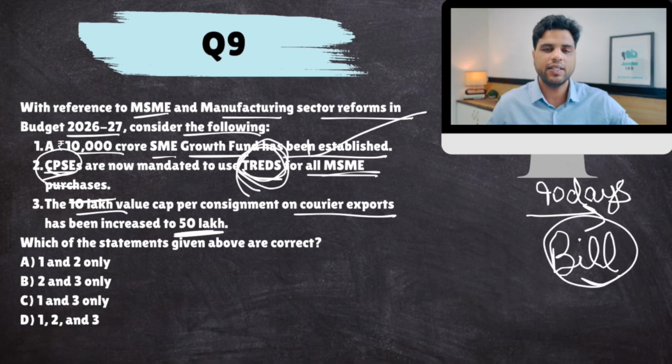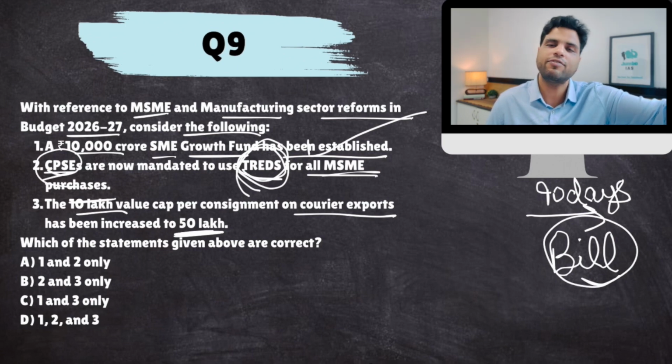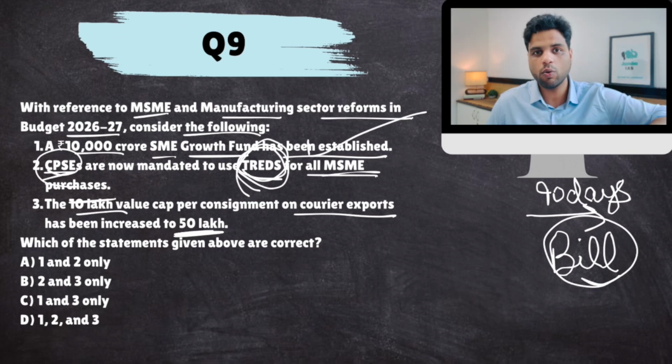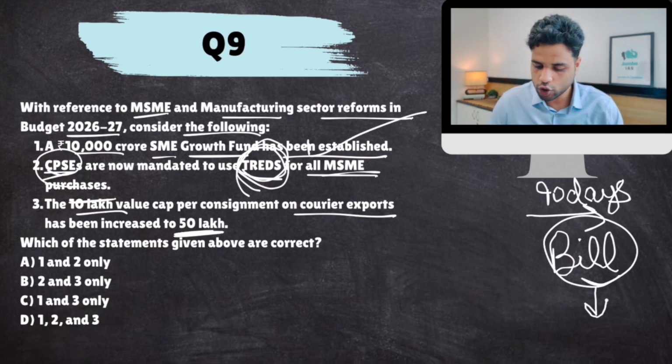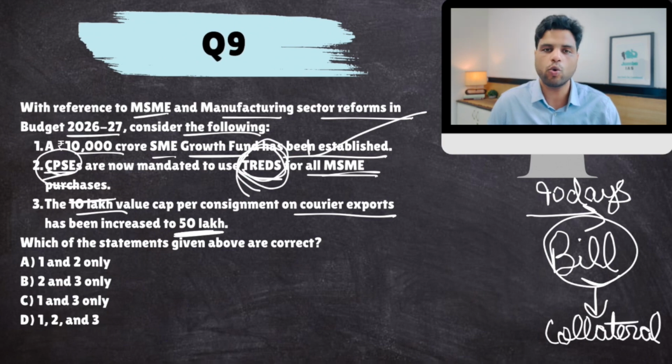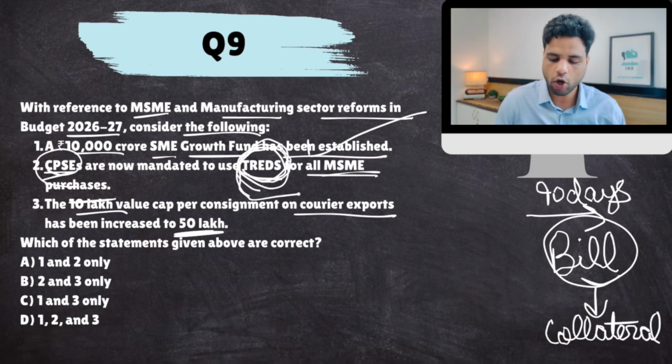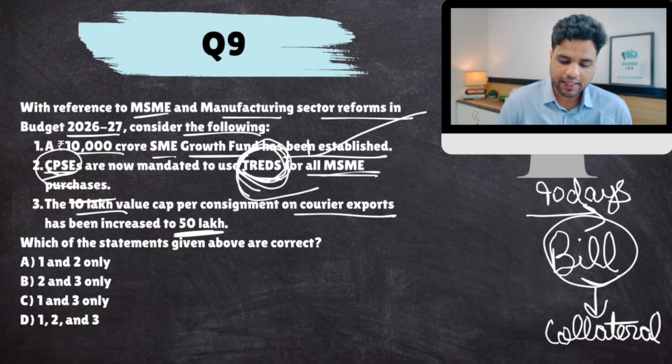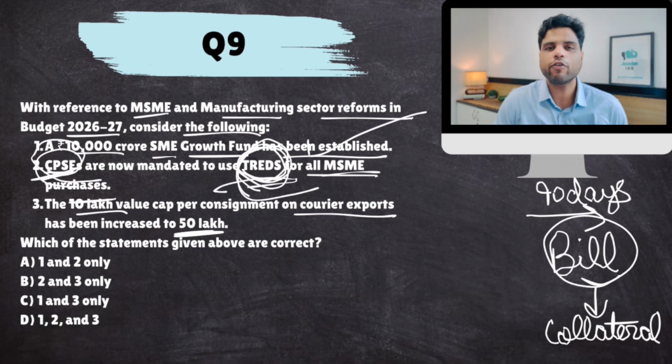MSMEs sold something on the bill, and they would get a payment for that after 90 days. But they need the money now. So that bill would be put as collateral in a bank, and the bank would provide a loan on it using this platform called the TReDS platform. So CPSEs have been directed to use the TReDS platform for all purchases so that MSMEs can use these bills for getting cash from banks. You understand, right? So to help MSMEs basically.